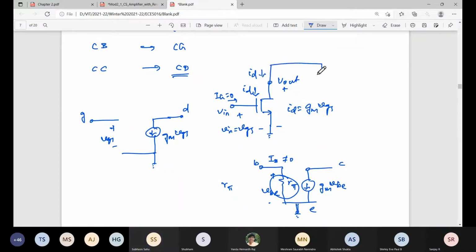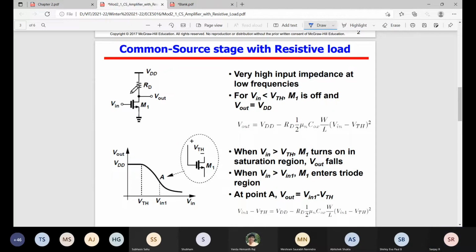Then current will flow through it and voltage will come, V equals I times R. So that's RD, the drain resistance, here as the load. You understand? From a small signal perspective, VDD will become ground, because the source is the reference node. So the source and the reference node are the same, both ground. Fine. So this is a common source amplifier.